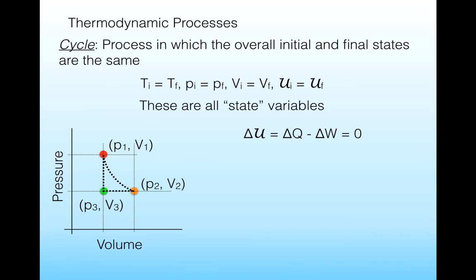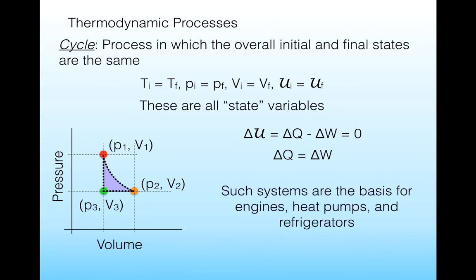And you can see this because the delta T for one whole cycle is also equal to 0. That means that the heat exchange is equal to the work done by the system, and that's given by the amount of area inside this curve, which is shaded in purple.